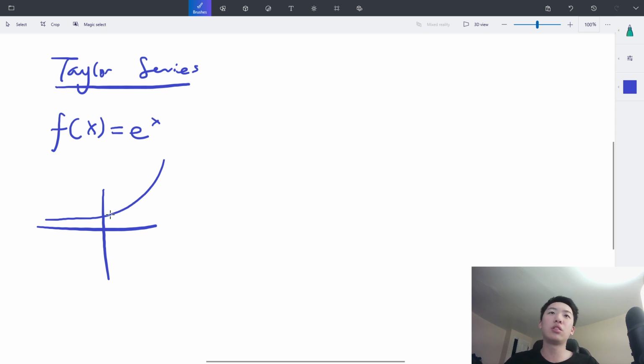And let's say you wanted the value at, I don't know, x equals 1, maybe it's up there, and you know the value at x equals 0 because it's simply 1. And then you want to get to whatever value it is at x equals 1.